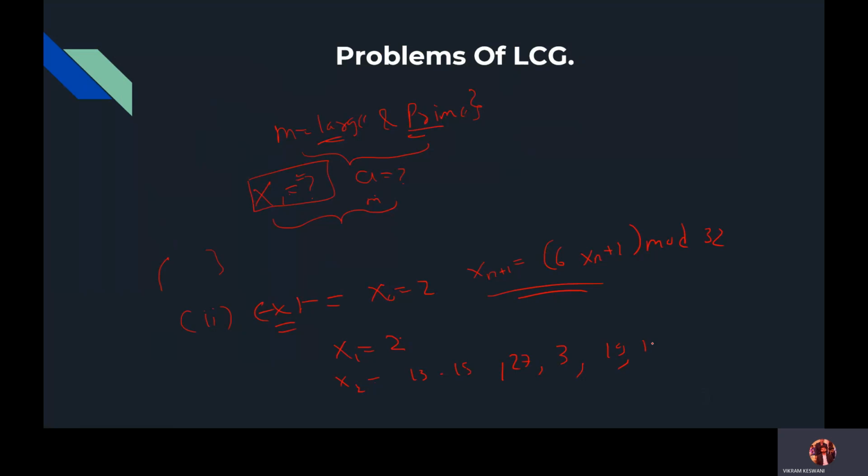Now what do we get after 19? 6 into 19 plus 1 mod 32.